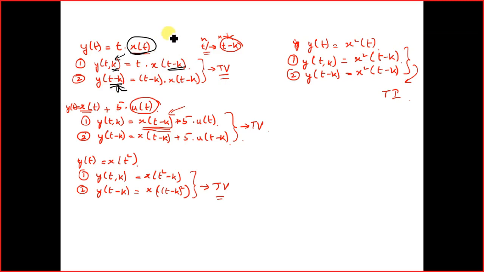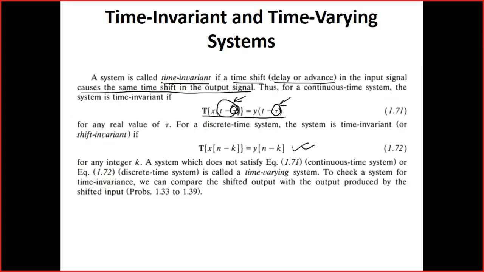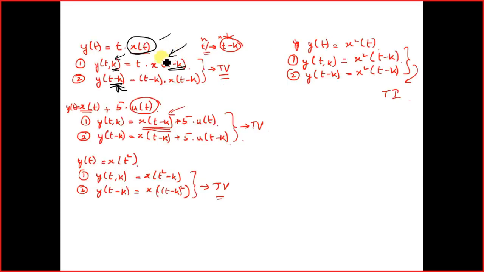In the first instance, what did we do? We delayed the input signal. We are not touching the transfer function component. Herein the signal component is x(t), so we delayed the signal, x(t minus k).